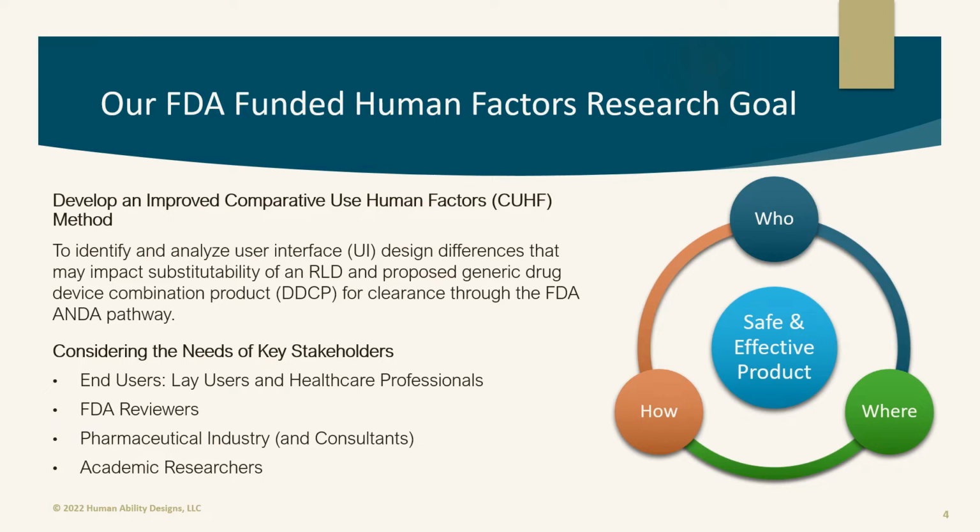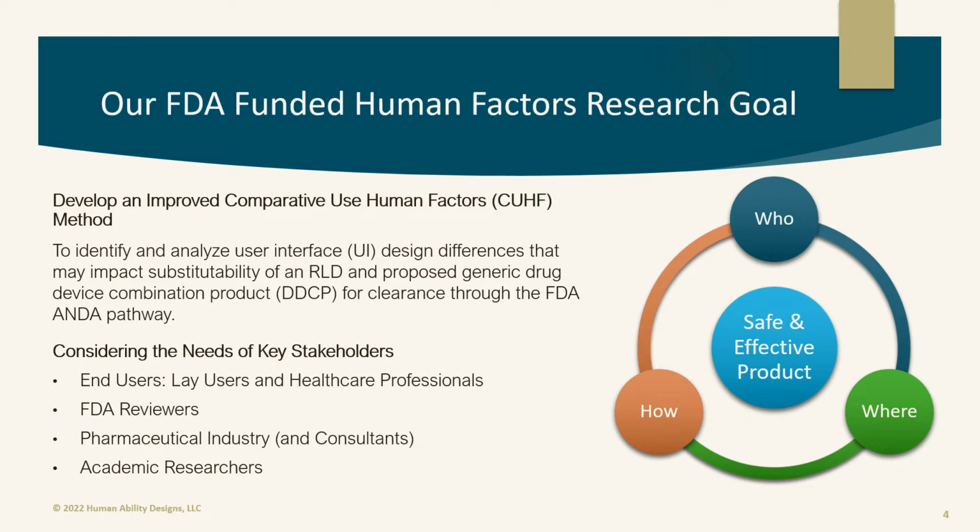We're always taking a systems engineering approach to the science of human factors. The graphic on the right shows how our research is anchored through thinking about who is using a product, typically both healthcare professionals and lay users for generic products.